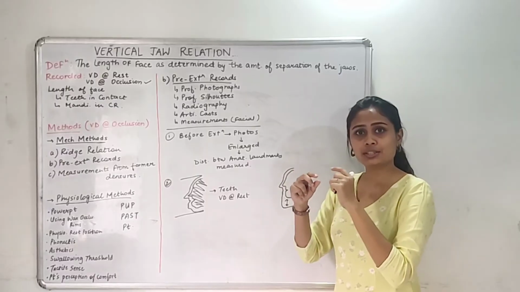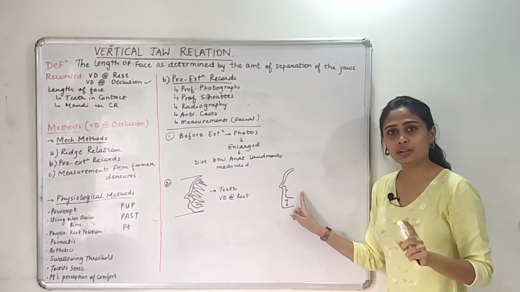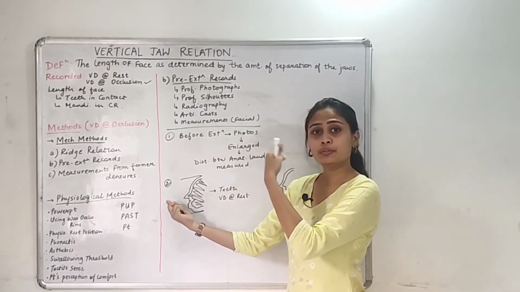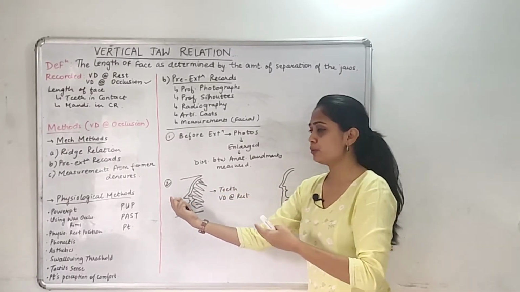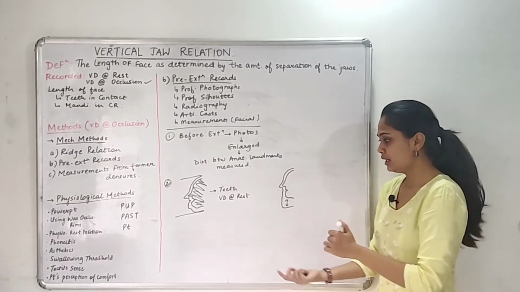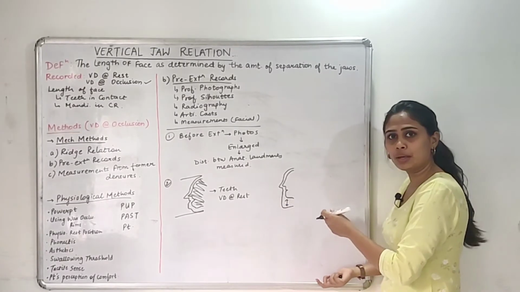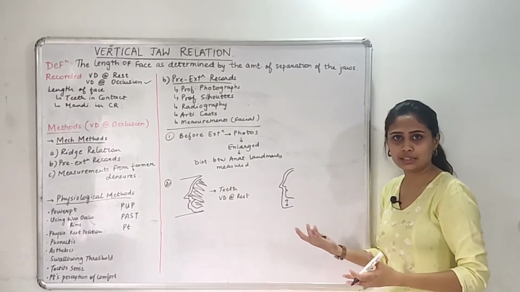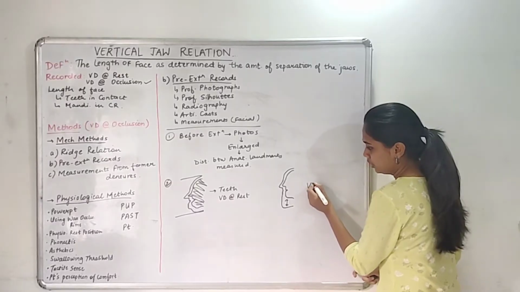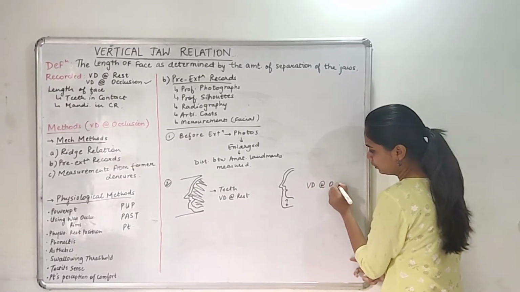The teeth have got some distance. Here the patient does not have teeth. So when we place the same cardboard, which was made before the extraction, on the same patient after the extraction of the teeth, there will be 2 mm or 2 centimeter, whatever the distance it is. There will be a certain amount of space and this will give us the vertical dimension and occlusion.